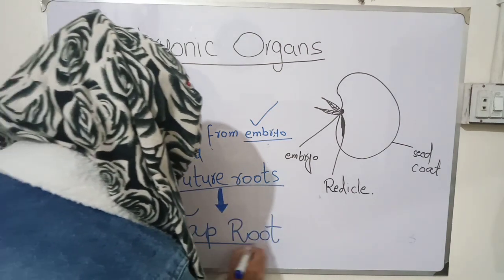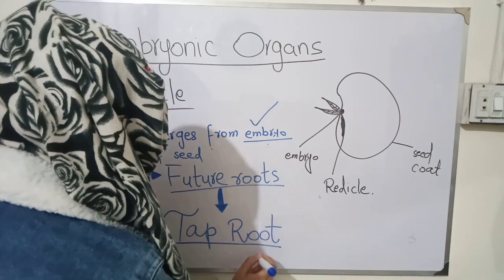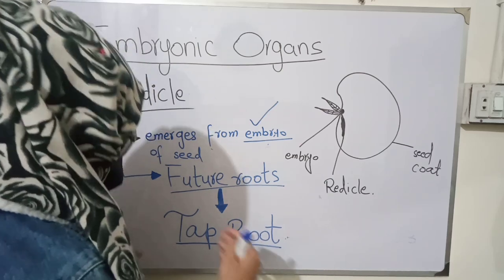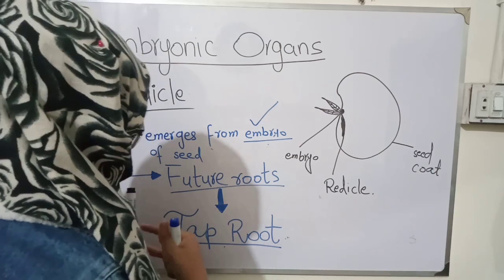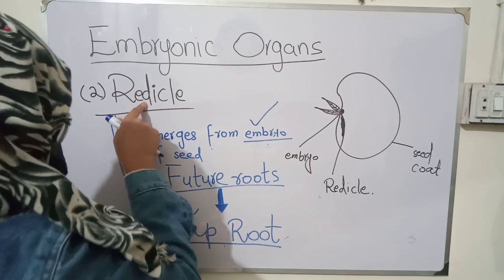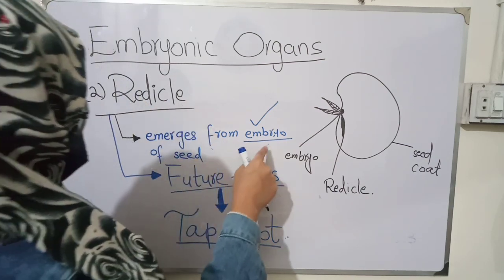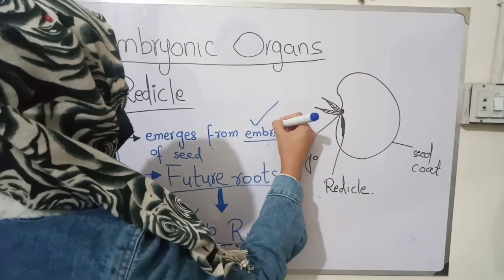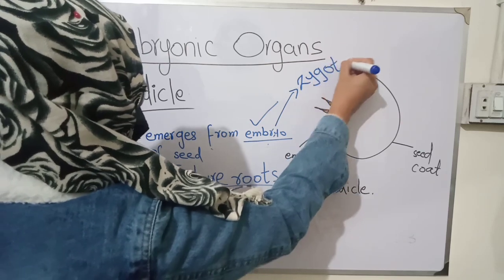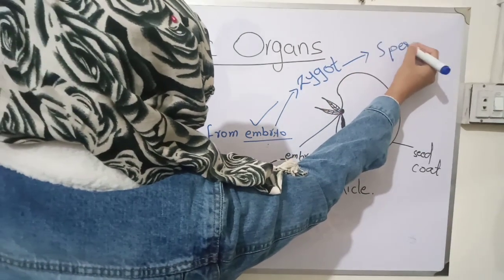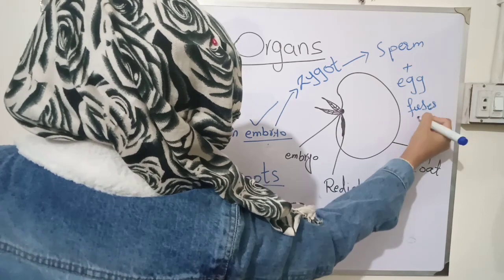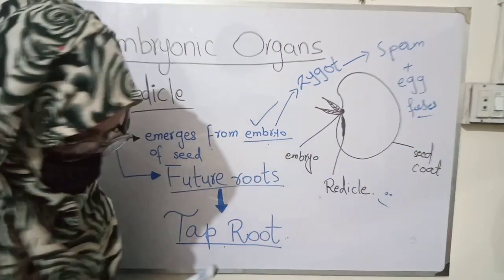The root is the taproot, the main root of the plant, the central dominant root. Otherwise, the lateral roots that emerge from the taproot are not its product. This is the product of the radicle. The radicle emerges from the embryo of the seed, and the embryo is formed from the zygote. And how is the zygote formed? When sperm plus egg fuse, then the zygote is formed.